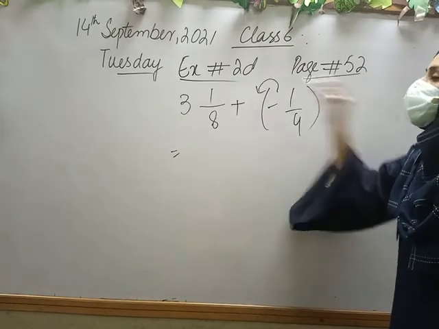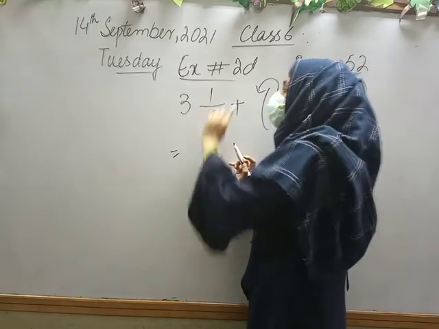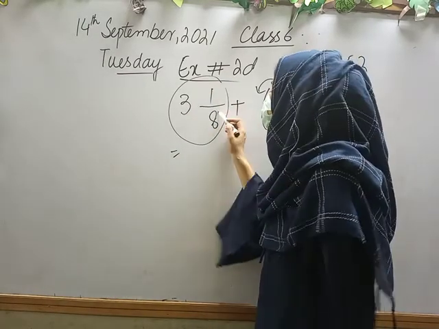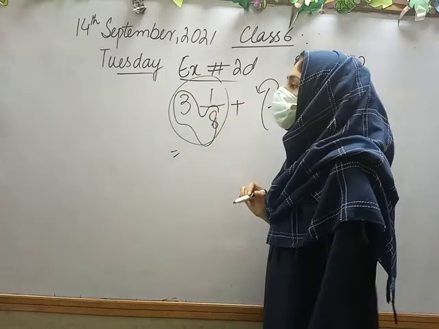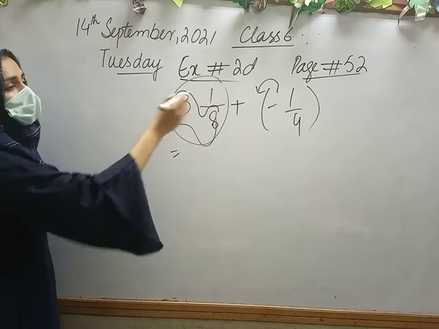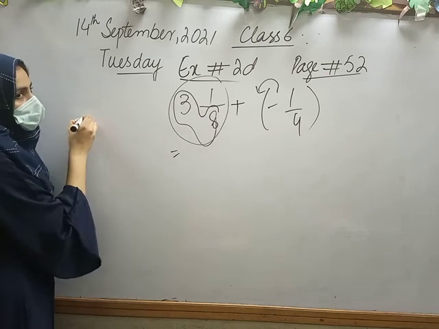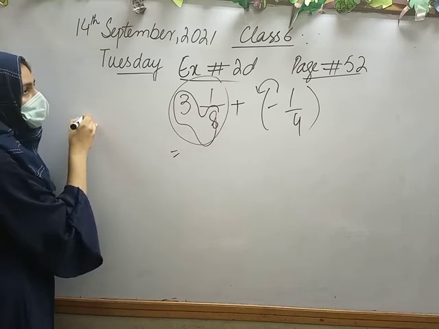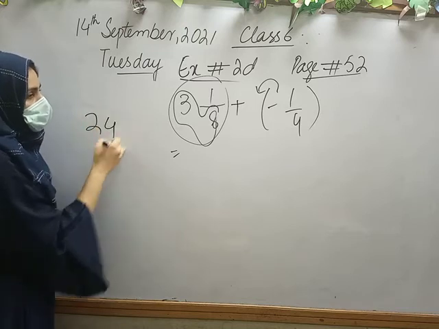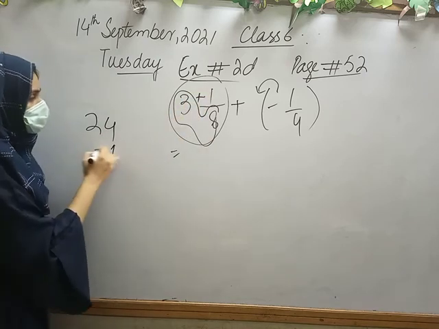First of all we will open it. ठीक है, so ये क्या हो जाएगा? उससे भी पहले आप देखो, we have a mixed fraction. So to open a mixed fraction we will simply multiply the denominator with the whole number. So who will tell me what we have in the end after multiplication of 3 into 8? Yes, Ali, you tell me. Very good, 24.